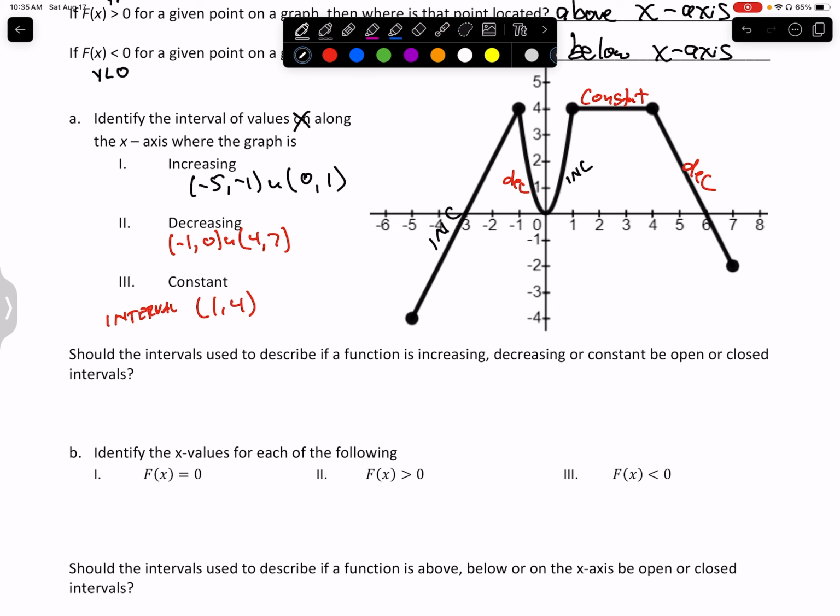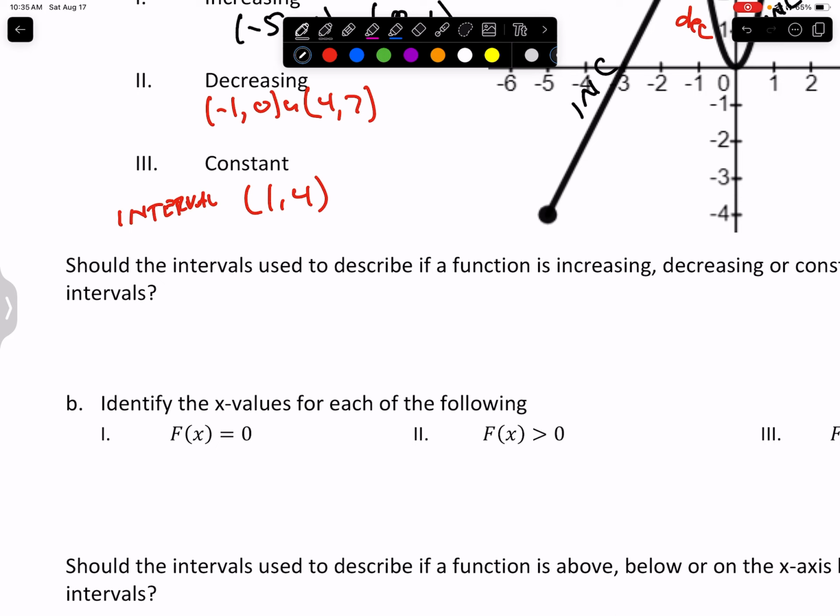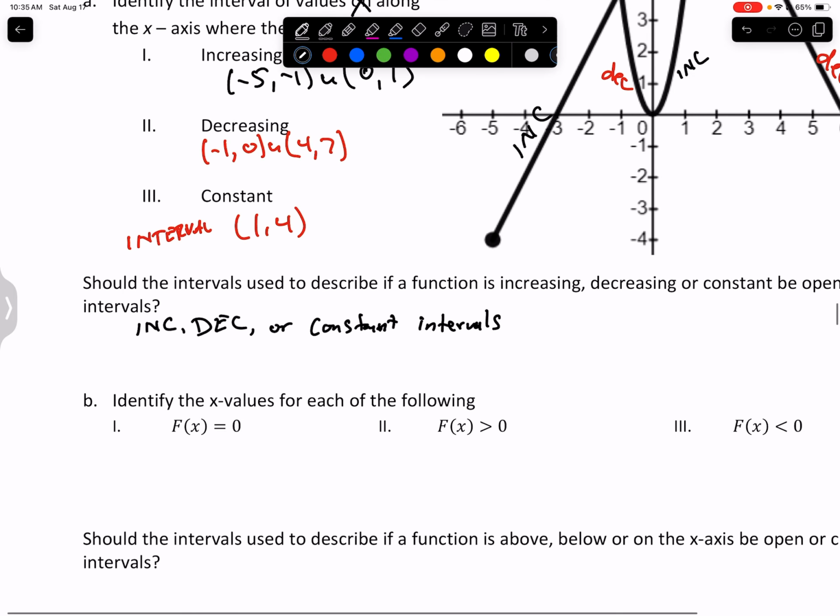Well, I said it a couple times already. They should always be open. So increasing, decreasing, or constant intervals are always open intervals.